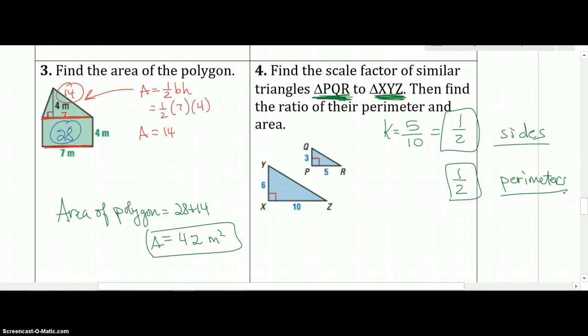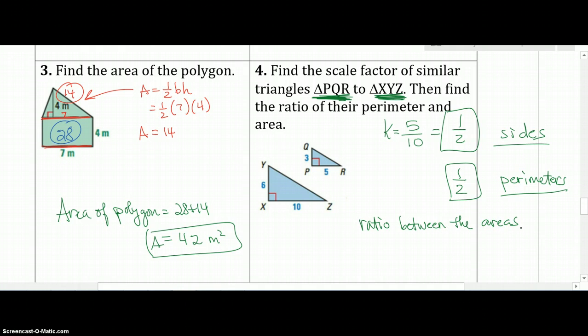And what do we know about the ratio between the areas? What did we find out in that video? What's the rule? Close.